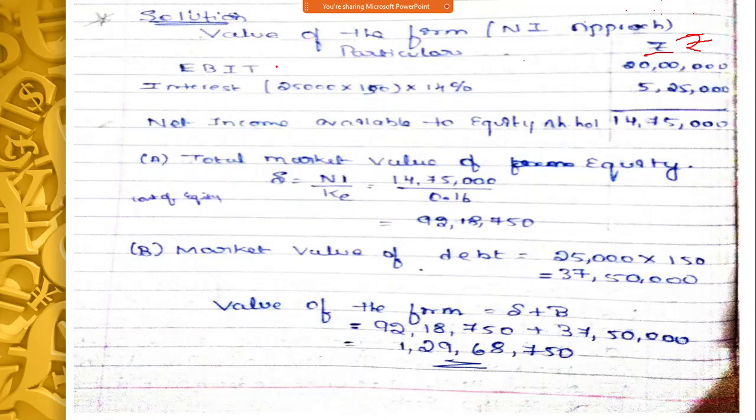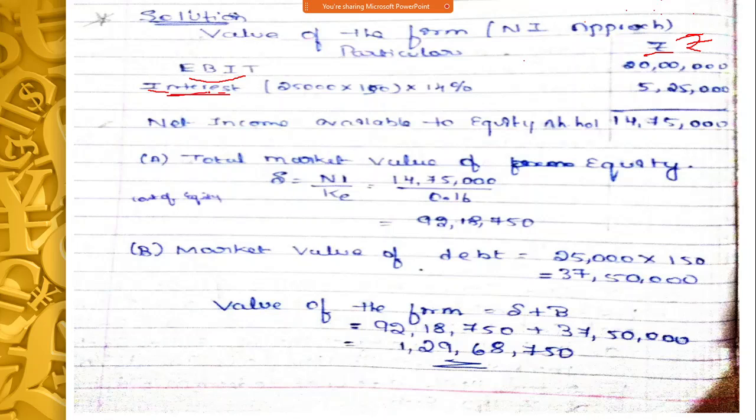Here again you have to remember that one of the general assumptions is that whatever the company earns, the entire amount would be given to the equity shareholders, and that there is no reserve fund maintained by the company. So once you have EBIT, from that we would be deducting interest.